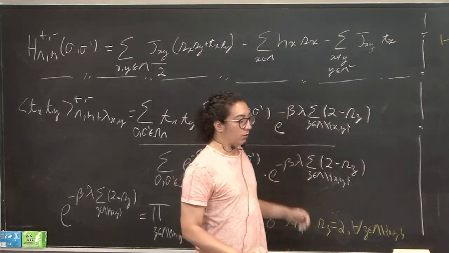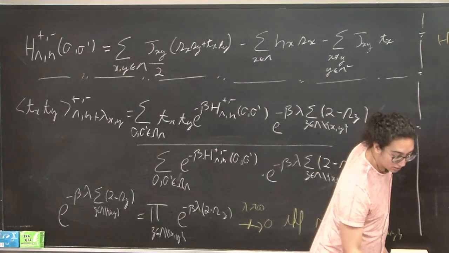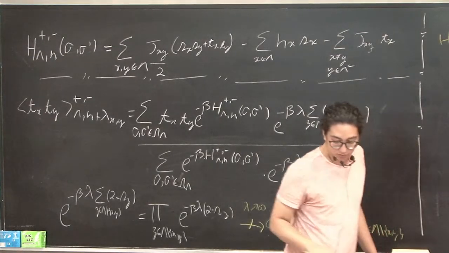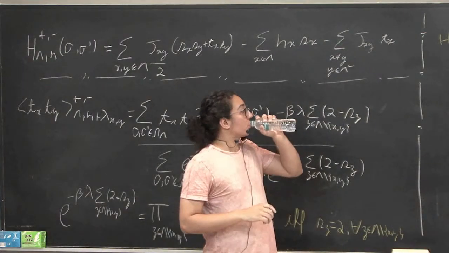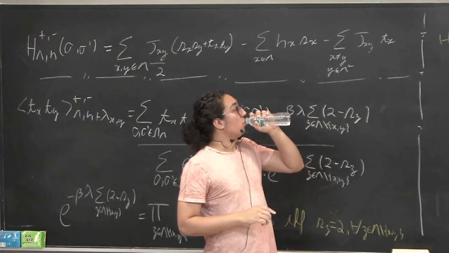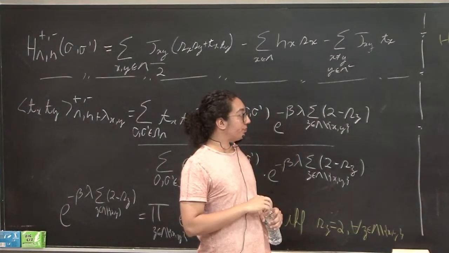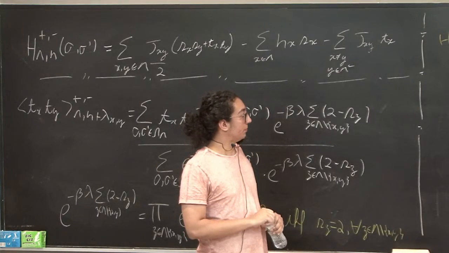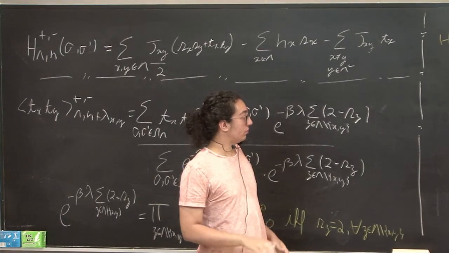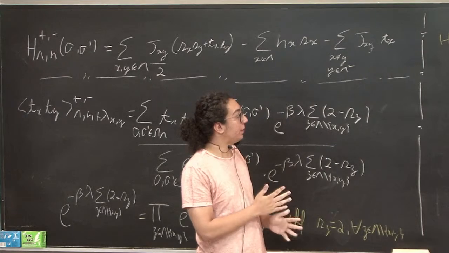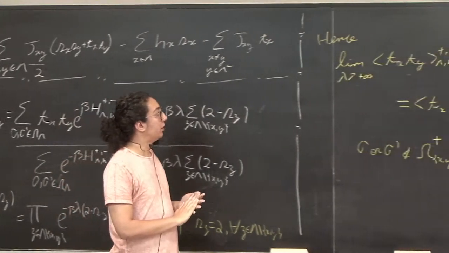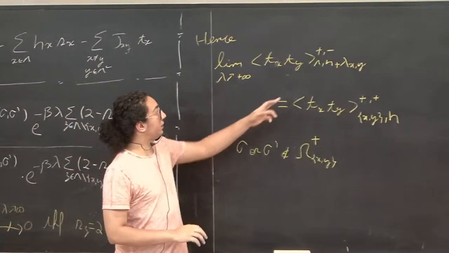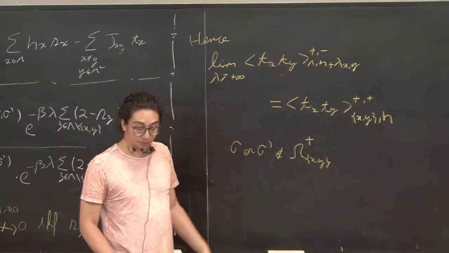And we are almost there. So we have this limit, and remember that the lower bound, which is external field, holds for any lambda.